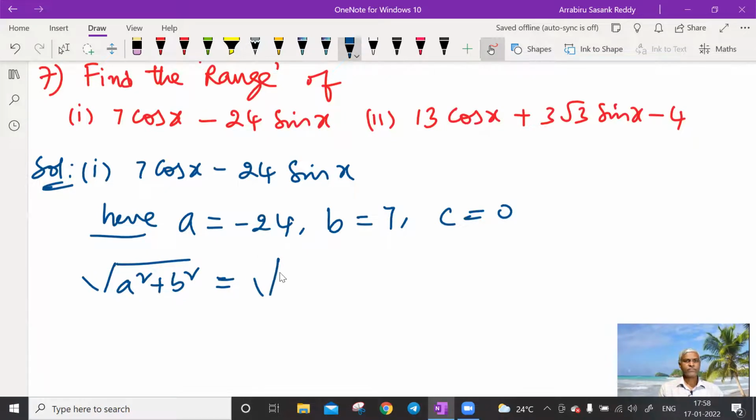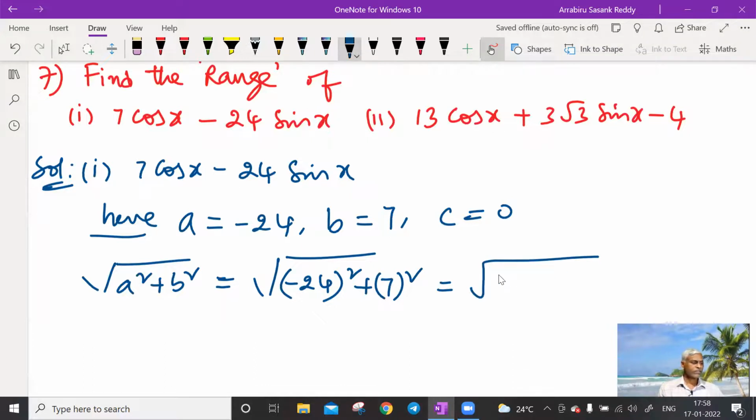So this is -24 square plus 7 square, that is 24 square is 576, 7 square is 49, total 625, root 625 is 25.